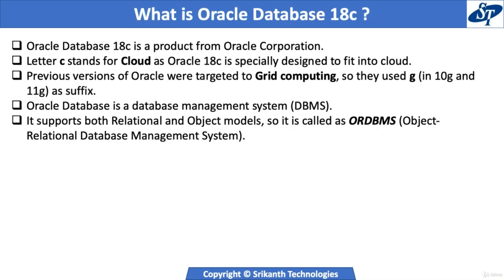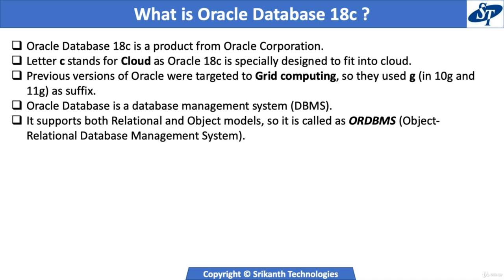Now, what is Oracle Database 18C? Oracle Database is the database management system from Oracle Corporation, which is the most successful database management system out there. And C is standing for cloud computing. 18C is specifically meant for cloud.